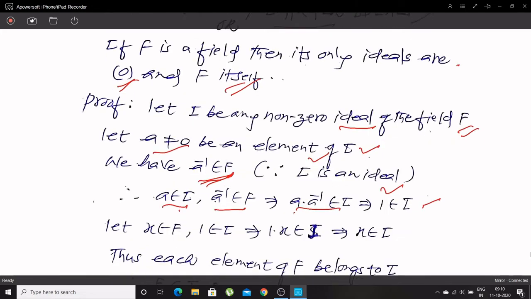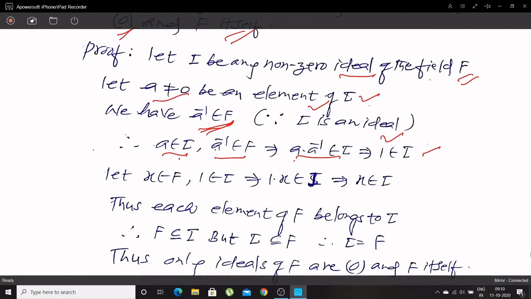Let x belong to F. x is a member of F. 1 belongs to I, so 1 times x belongs to I. That means x belongs to I only.